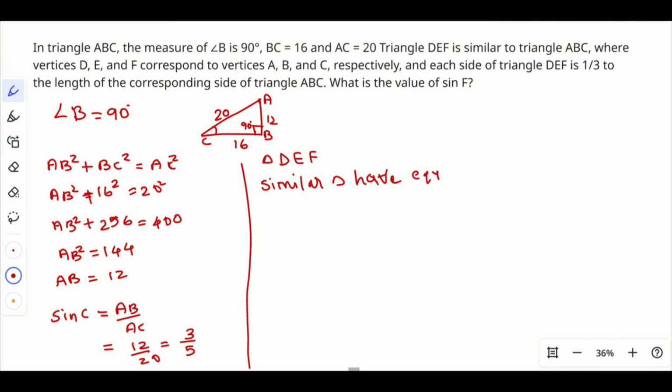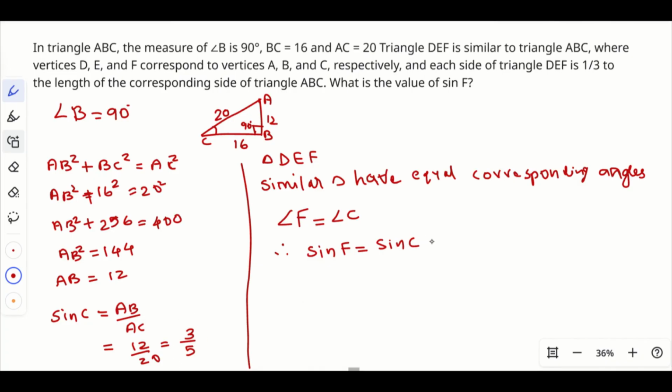The corresponding angles will be equal, which means angle F is equal to angle C. Therefore, we can write sine F will be equal to sine C, which we have already got as 3 by 5.